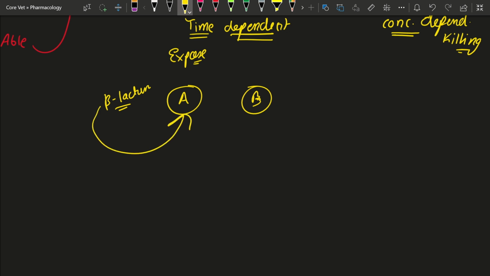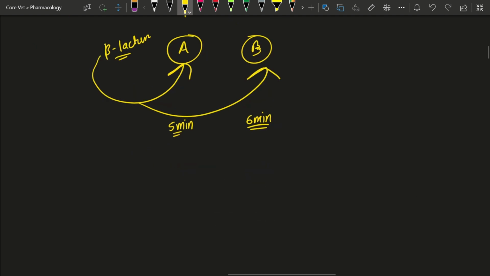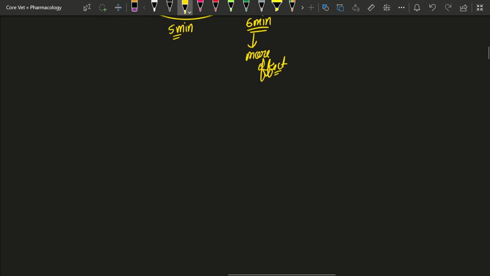We expose bacteria A to the beta-lactam for 5 minutes, and bacteria B for 6 minutes. The more effective response would be toward bacteria B, because the beta-lactam shows time dependent killing.